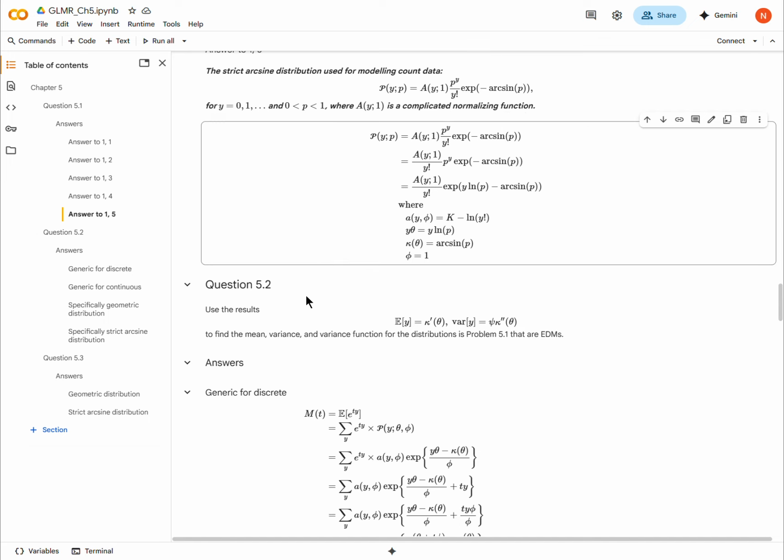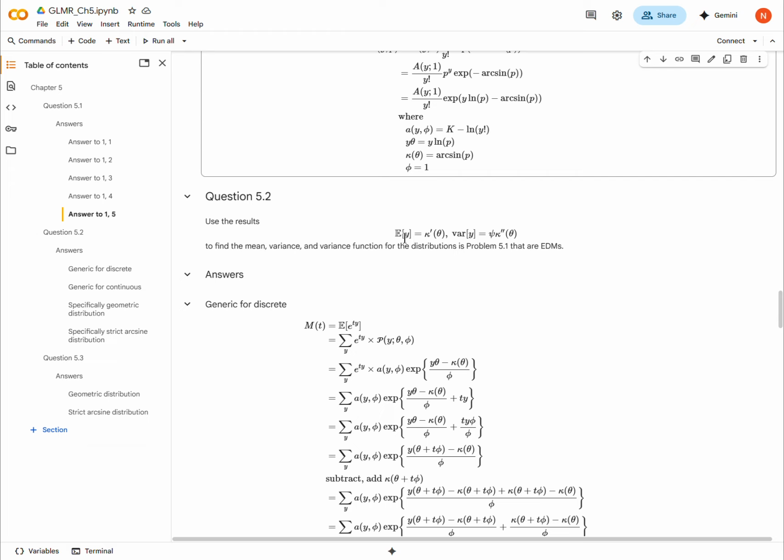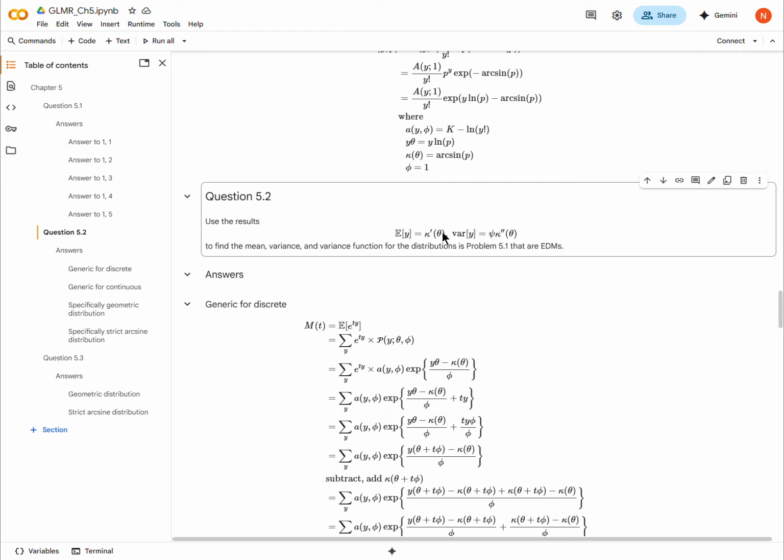Now, in question 2, we're supposed to use some generic results about EDMs, namely that the expected value of the data is the first derivative of the cumulant, and that the variance is the second derivative, times phi.